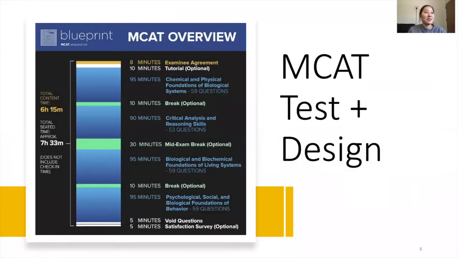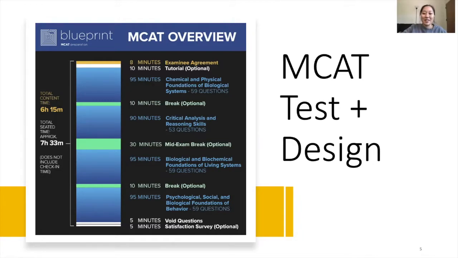So this graph seems a little intimidating, but this is just what the schedule looks like for the actual test day. The MCAT exam is 7 hours and 30 minutes total, and this is the total seating time, which includes times for check-ins and breaks. The actual testing time is just over 6 hours long, and for almost every student, the MCAT is probably the longest test that they've ever taken.